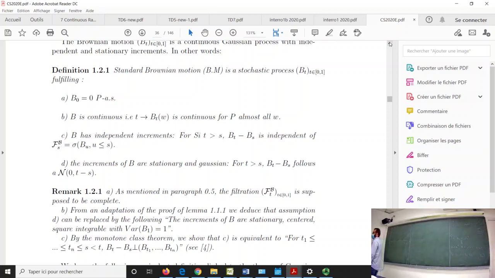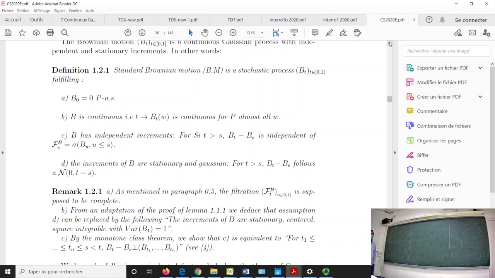For the second point, that is with my notation BT2 here, what can you say about the distribution of BT2? You have everything on the whiteboard here. BT2 is a Gaussian with a mean equal to and a variance equal to. So BT2 follows N(0, T2).